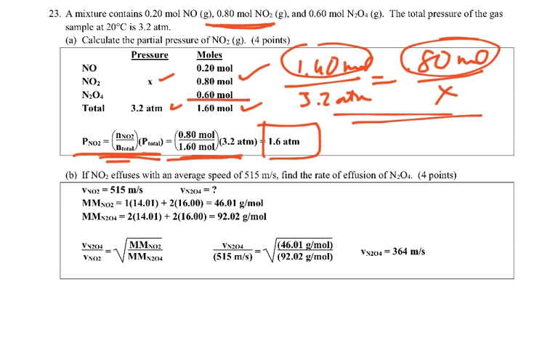Now, if NO2 effuses with an average speed of 515 meters per second, find the rate of effusion of N2O4. So here's our equation, and the equation is that the ratio of their velocities is equal to the square root of the ratio of their molar masses, but whichever one is on top here goes on the bottom here, and the top here goes on the bottom here, because the mass and velocity are inversely related.